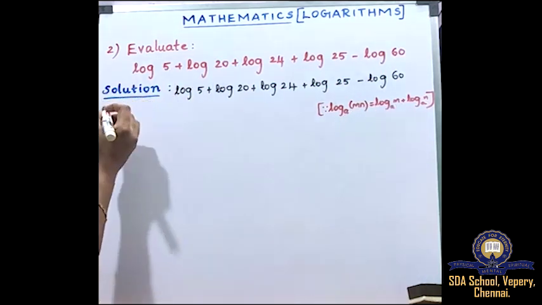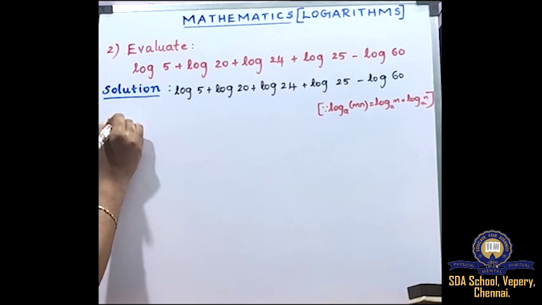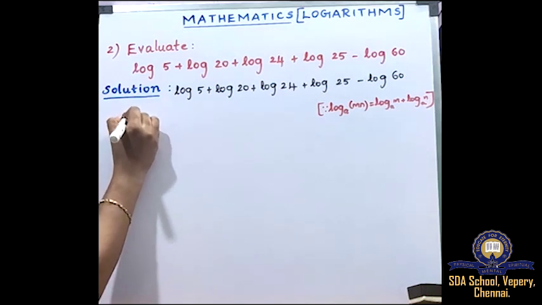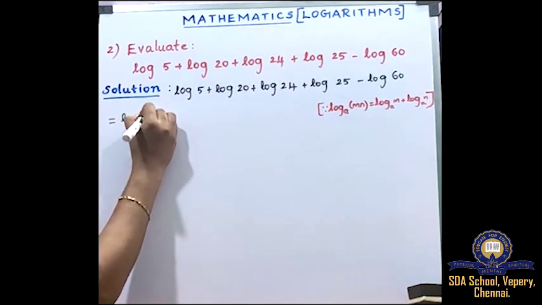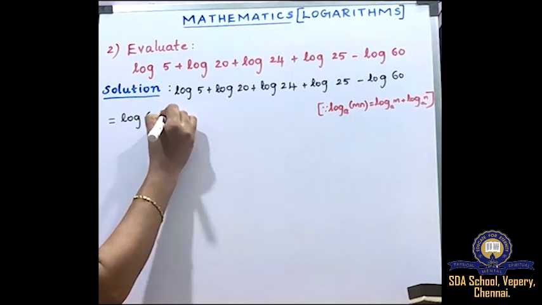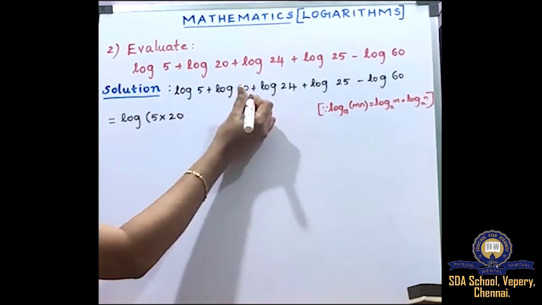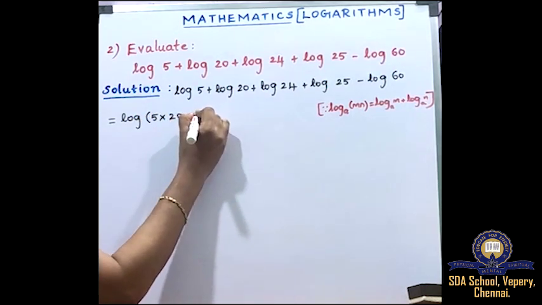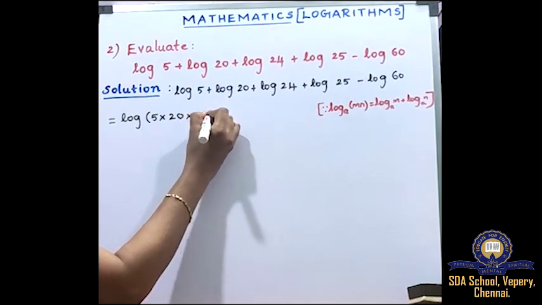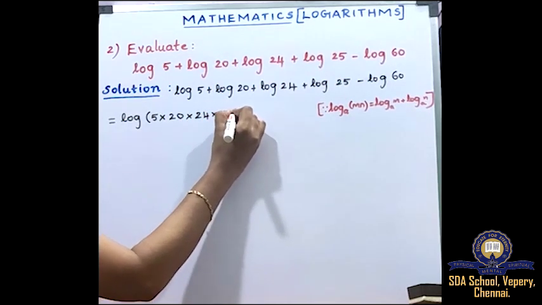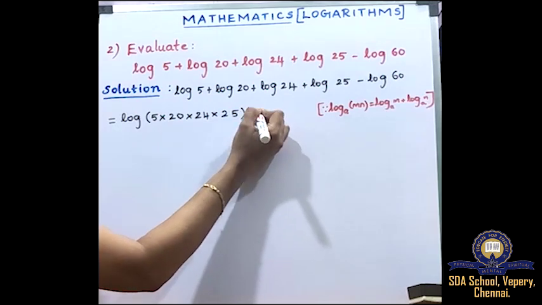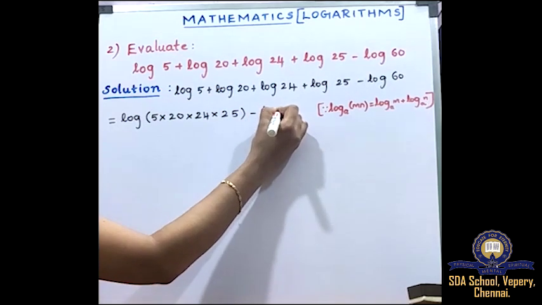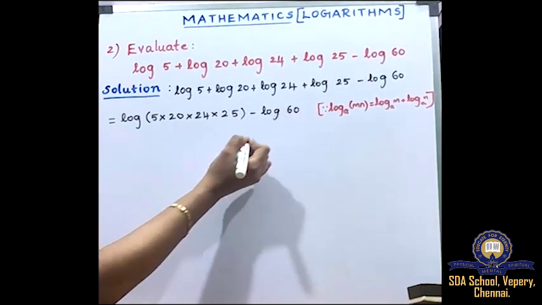So, using this law, we write the addition of terms as log 5 into 20 into 24 into 25, and the last term minus log 60, right, as such.